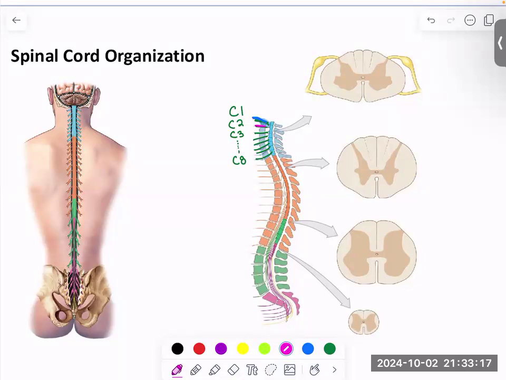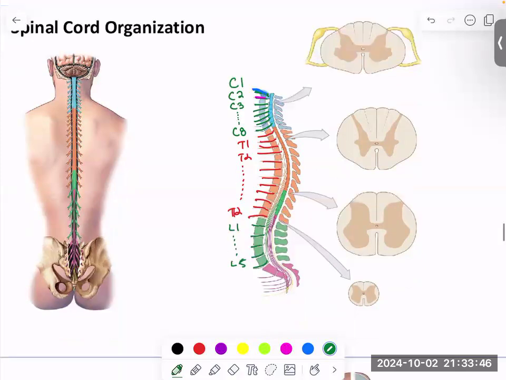The rest of them match the vertebral number. T1, T2, all the way down to T12. 1, 2, 3, 4, 5, 6, 7, 8, 9, 10, 11, 12. Lumbar vertebrae, 1, 2, 3, 4, 5, L1 to L5.